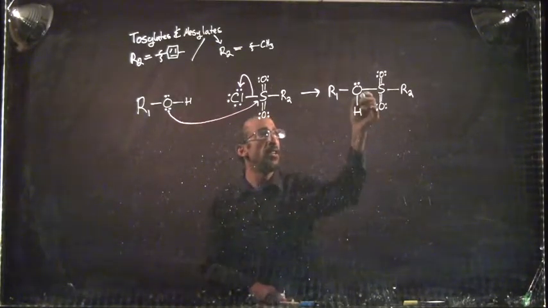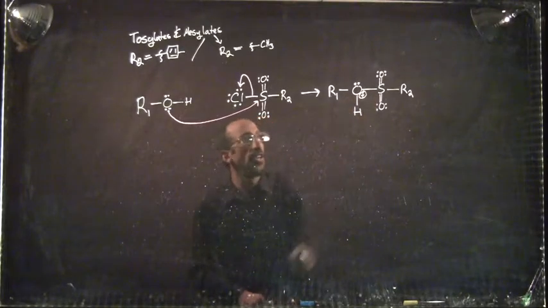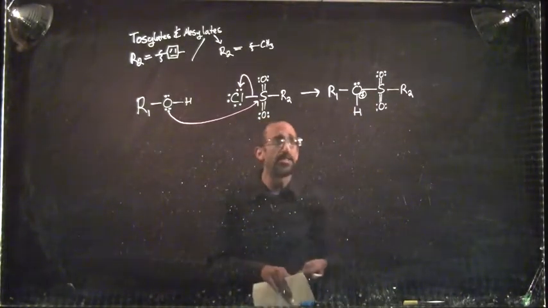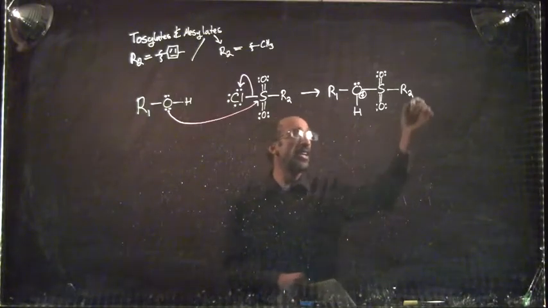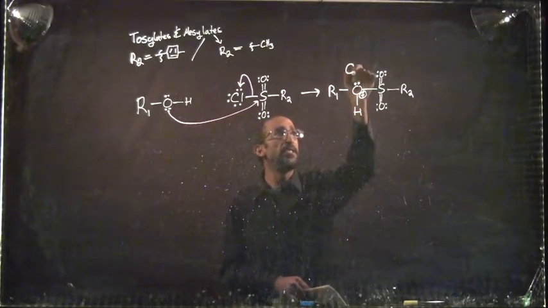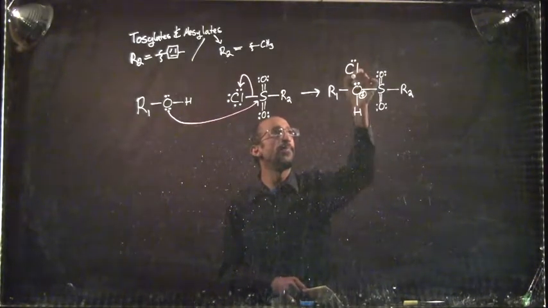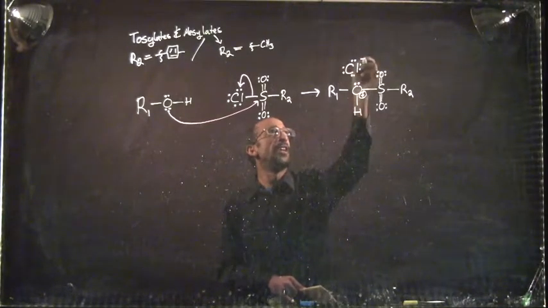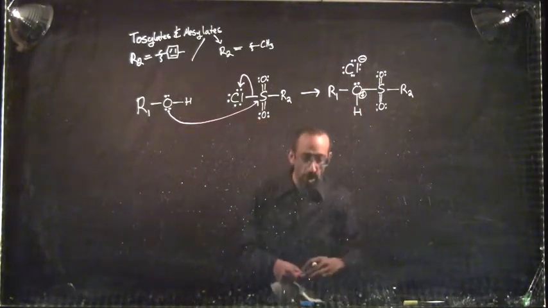We have now here a positive charge on this oxygen, which means we have to have some negatively charged species to balance that charge out. And in our case, because we displaced that chloride, our negatively charged species is going to be a chlorine ion with all 8 of its electrons and a formal negative charge.